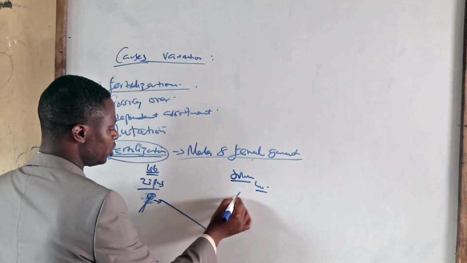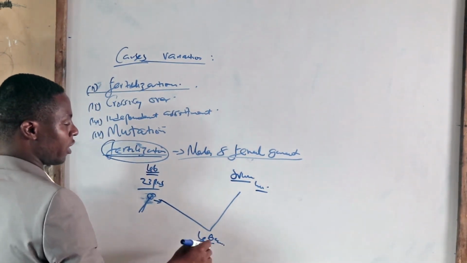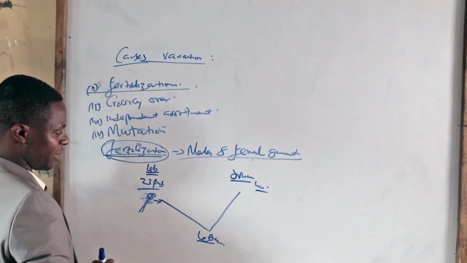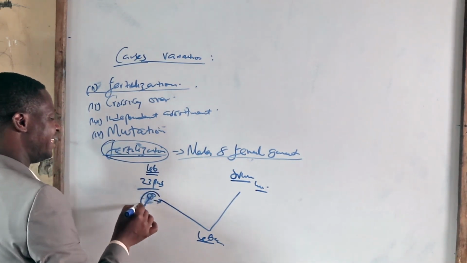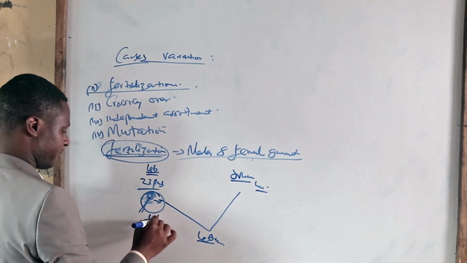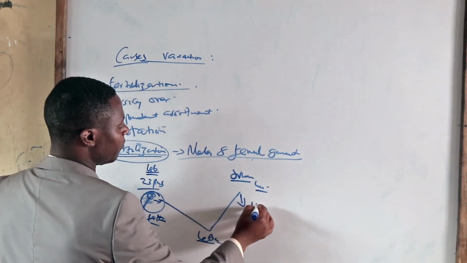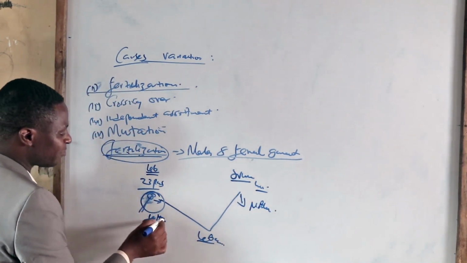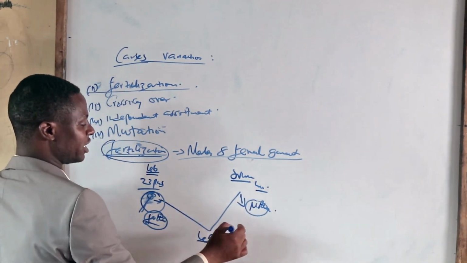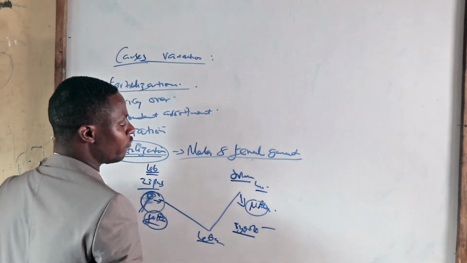When they fuse together, they form the 46 chromosomes of a human being. But how is fertilization causing the variation we are talking about? This is because the sperm cell carries the genetic characteristics of the father, while the ovum carries genetic information of the mother.